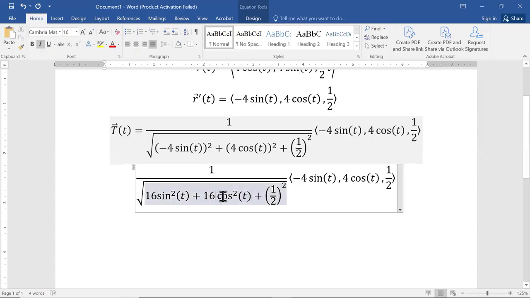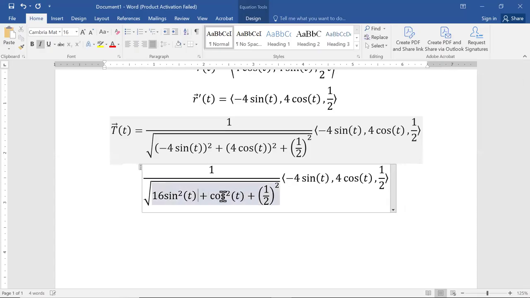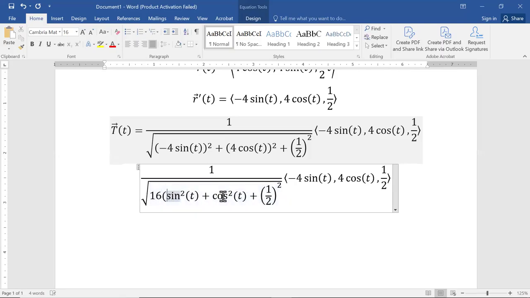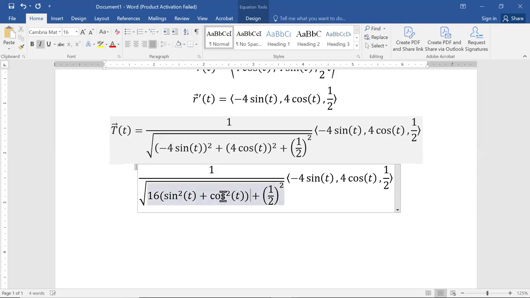So if you factor out a 16, we get 16 times sine squared plus cosine squared, which just gives me 16 times 1. This is a trig identity. Sine squared plus cosine squared is equal to 1. Hopefully you've seen that before.